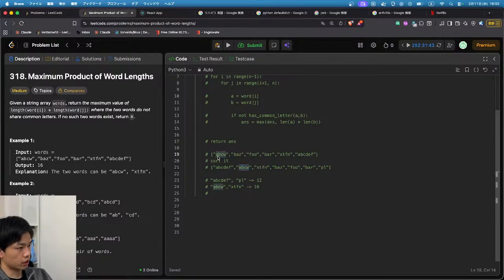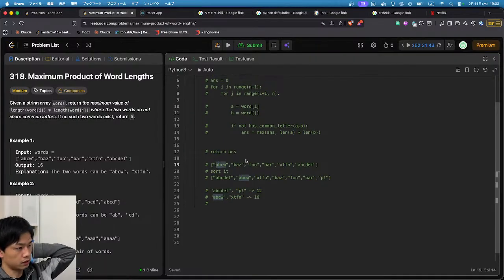If we check it one by one, we can't reduce the amount of computation.